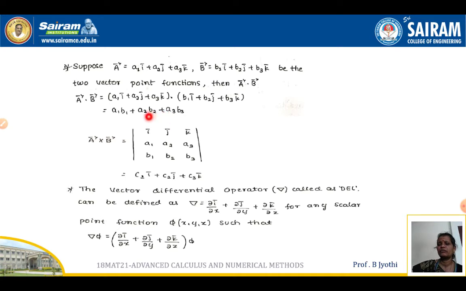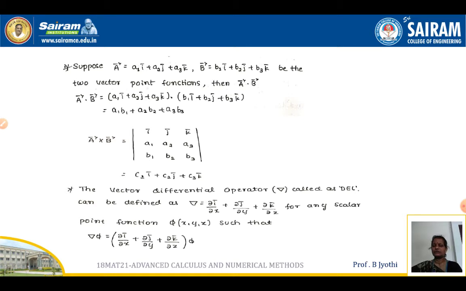And when we do the dot product, i dot i will be 1, j dot j will be 1 and k dot k will be 1. So only those products will be multiplied, because i dot j will be 0 and any other products will be equal to 0. Therefore we will only get a1 b1 plus a2 b2 plus a3 b3. That is the dot product.